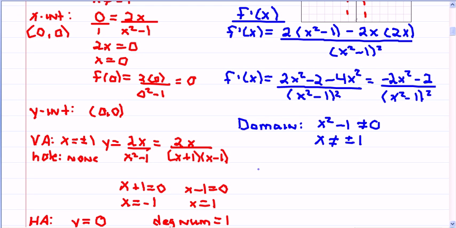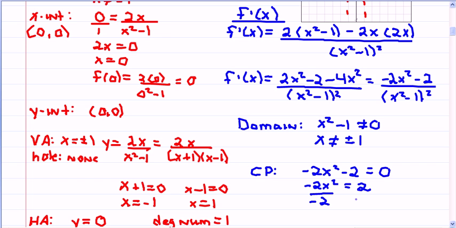So now, to find the critical points, I take the numerator, negative 2x squared minus 2, and set it equal to 0. If I add the 2 to the right, I have negative 2x squared equals 2.